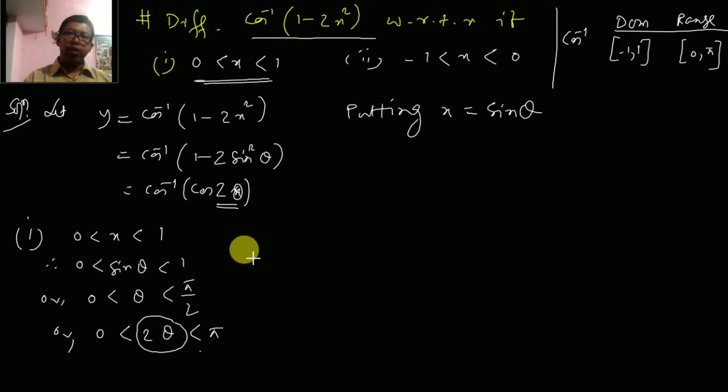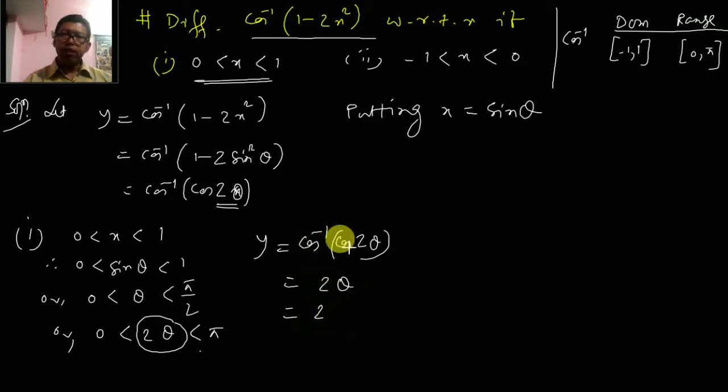So this y will be cos inverse of cos of 2 theta, and since the angle lies within the range, you can write it as twice theta. So y is equal to twice theta. What is theta? Obviously from here you find theta is equal to sin inverse of x.